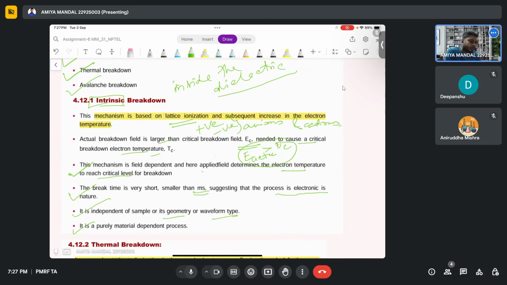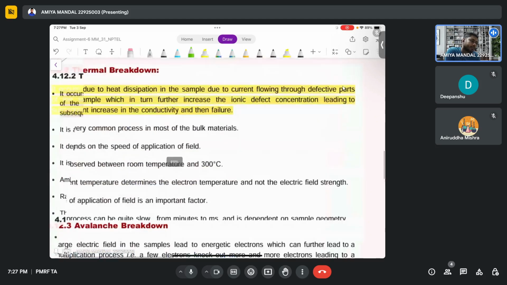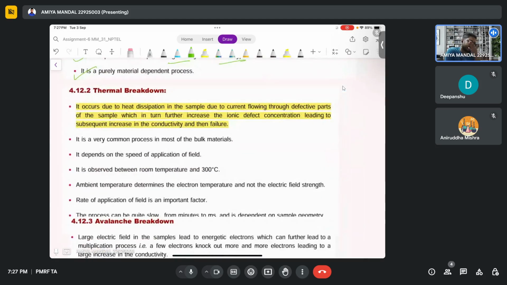Okay, and what thermal breakdown tells us is that it occurs due to heat dissipation in the sample, due to the current flowing through the defective parts. A dielectric material consists of different grain boundaries. There may be impurities also.